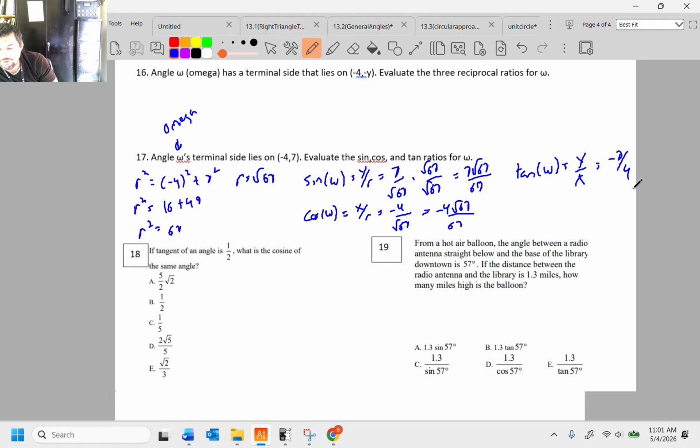The last one I guess I'll do is number 19. From a hot air balloon, an angle between a radio antenna straight down below and the base of the library downtown is 57 degrees. So there's a hot air balloon, and beneath you is an antenna, and somewhere there is a library, and it says the angle between the antenna and the library is 57 degrees.